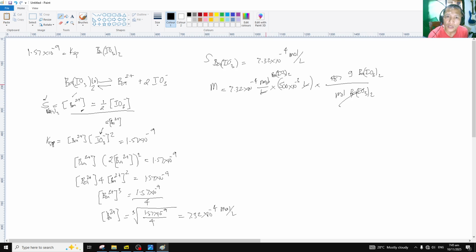So, cancel siya. So, yung mass, makukuha nyo na. So, that would be times 500 exponent negative 3 times 487. And the answer is 0.178.